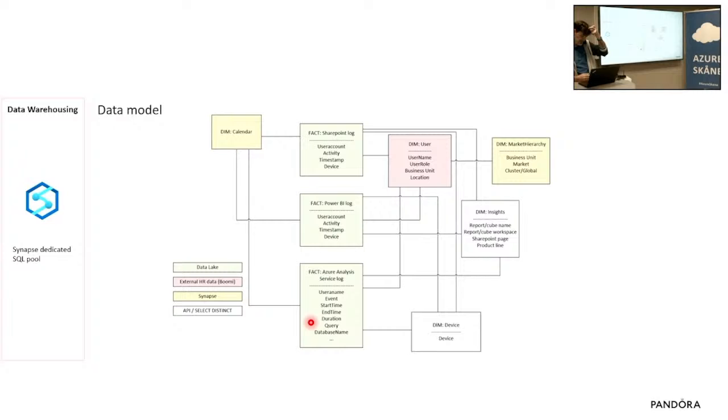The user dimension is coming from HR. Actually, it is not automated yet. Today it's a static dimension that we feed from time to time. We are working on automation for that part as well, but today it is not accomplished yet.